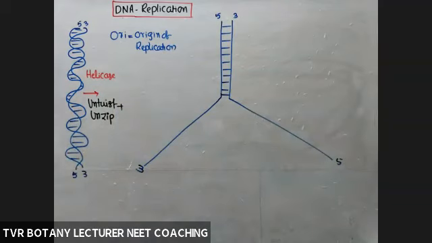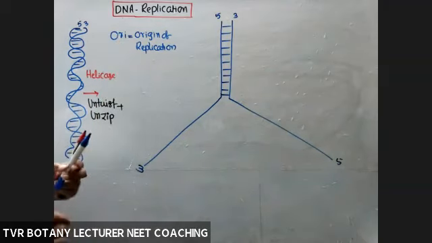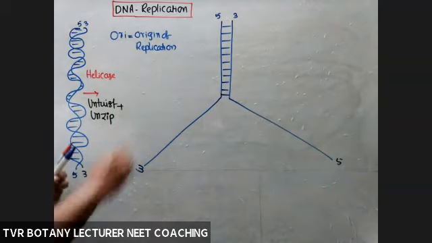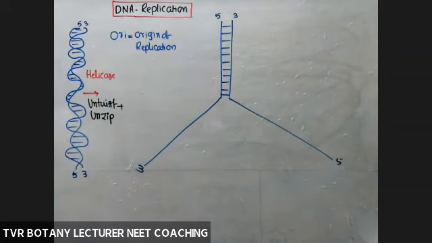DNA replication begins at one particular location, called the origin of replication or autonomous replication sequence. We will see the importance and application of this after completion of DNA replication.